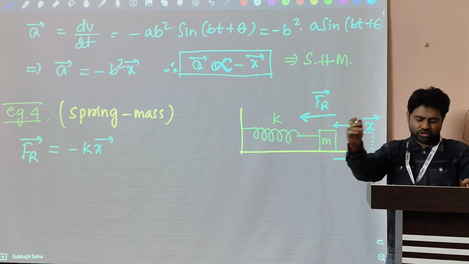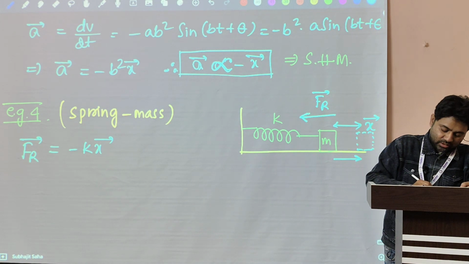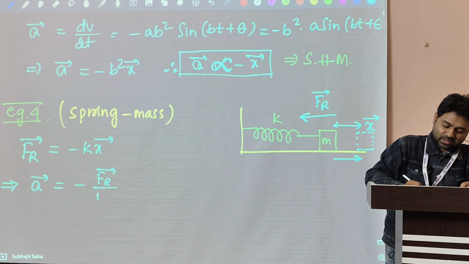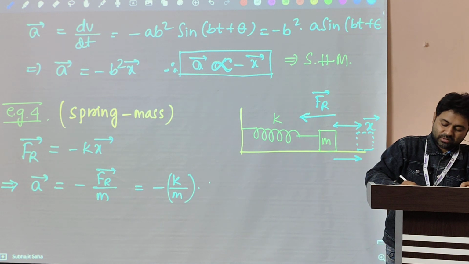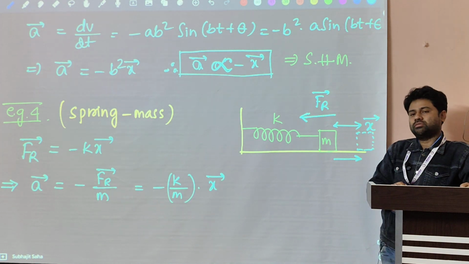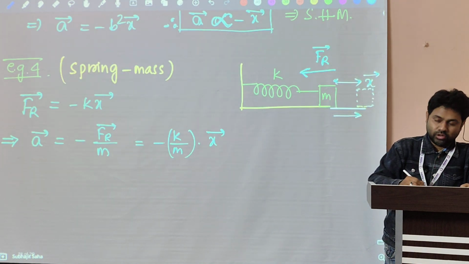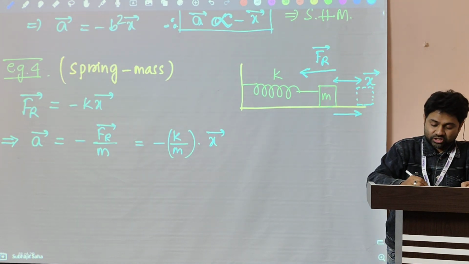k means spring constant or force constant of the spring. So acceleration of the block by Newton's second law would be restoring force by mass, that is minus k by m times displacement. Look, k is the spring constant, it's a constant.